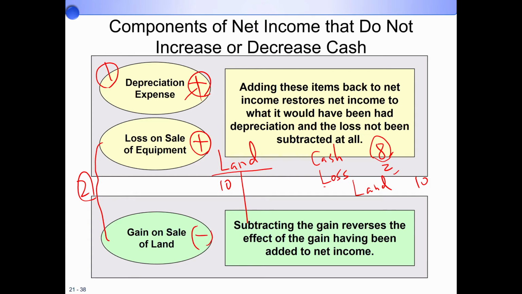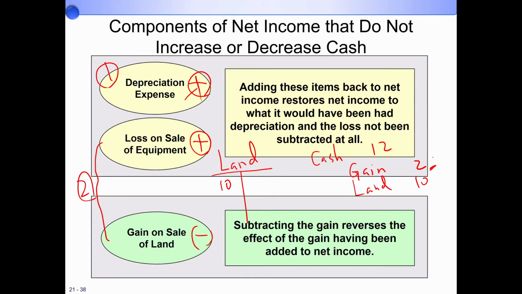The gain is similar to the loss. We didn't receive additional cash for the gain. Let's say you sold for 12 million. You're going to recognize a gain of 2 million here. But we don't receive additional cash for the 2 million.